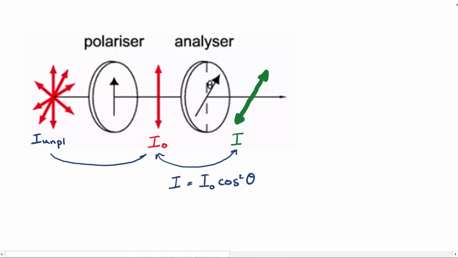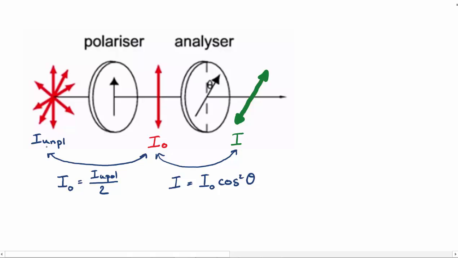Just for completeness, it's also interesting to look at how unpolarized light is affected by a polarizing filter. So it's actually interesting, and you can work out that each of these infinite number of directions here, all of them you can calculate what the vertical component is out of all of those and add them all up, and you end up getting that the transmitted light in this case is I0, equal to the unpolarized light intensity divided by 2.